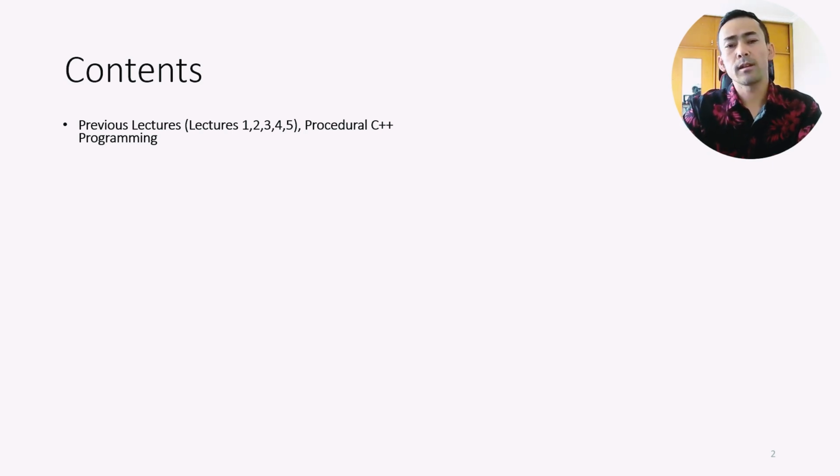We say that we first write header files and include them in C++ files, and then these files become object files by the compiler, and then these object files become executable by the linker.